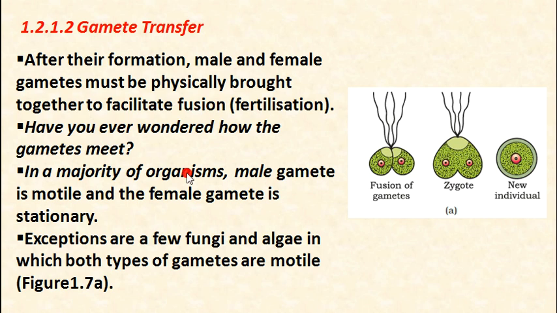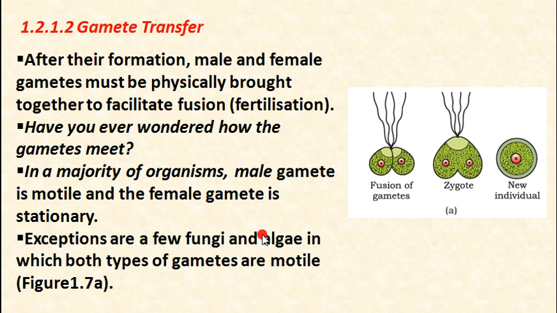In the majority of organisms, the male gamete is motile and the female gamete is stationary. What do we mean by motile? A motile gamete can move from one place to another.